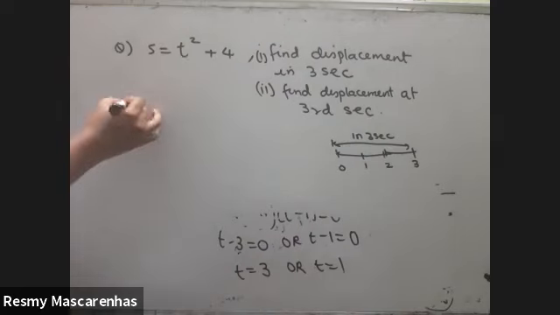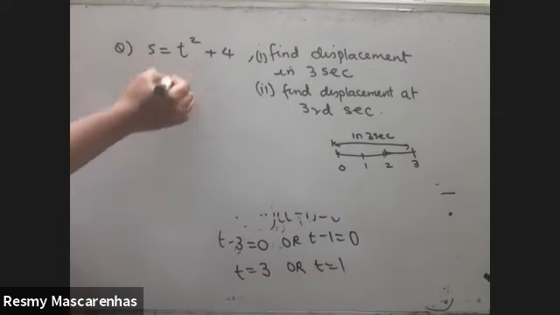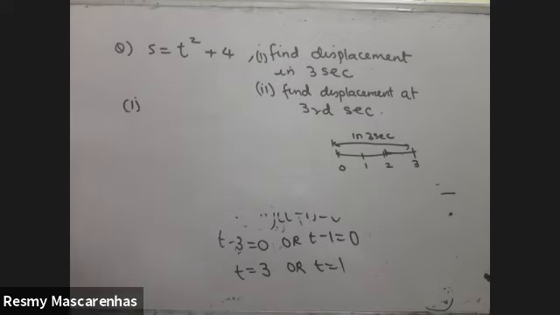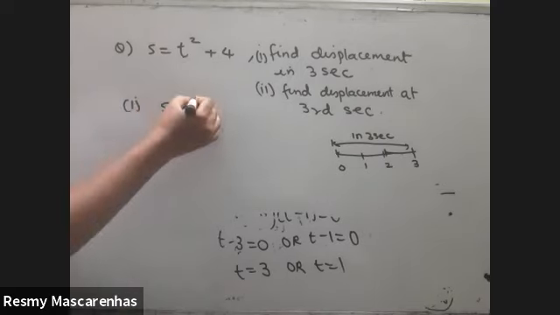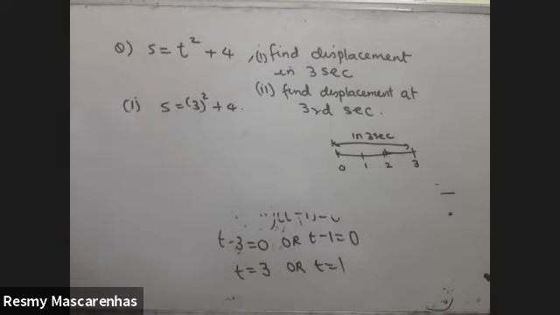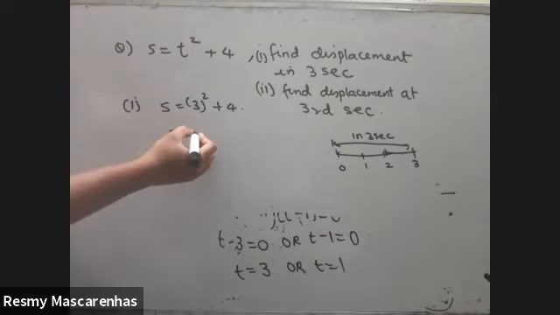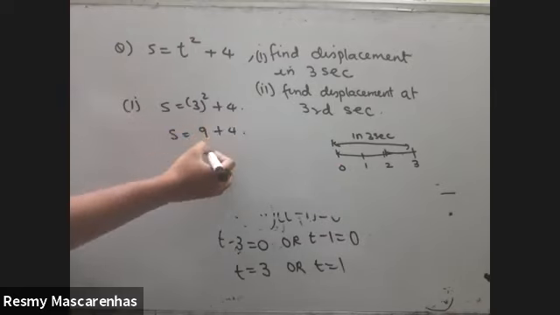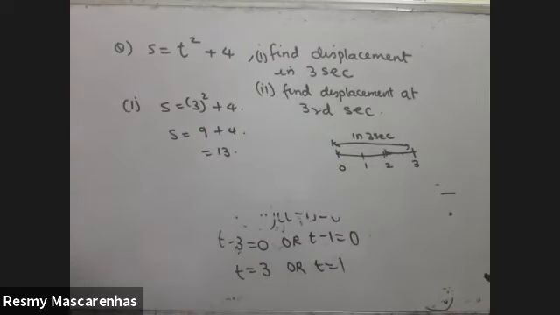So in 3 seconds, you can just directly substitute 3, because anyways you are starting from 0. So that will be 9 plus 4, that will be 13.